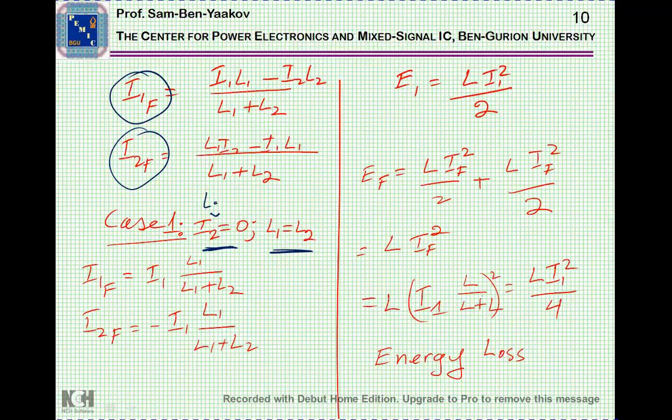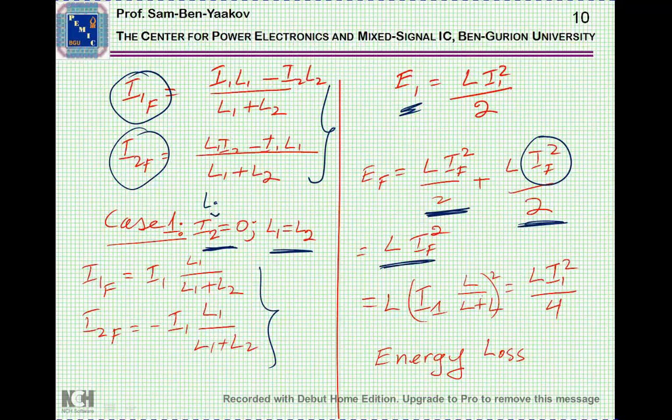Plugging the values into the original equation, we get these two expressions, from which we can calculate the energy E1, and the same thing will be for E2, because L1 is L2 and I1 is I2, and I squared is the same. So this is for the first inductor, this is for the second inductor, this is the final current. Adding it up, we have this expression here.